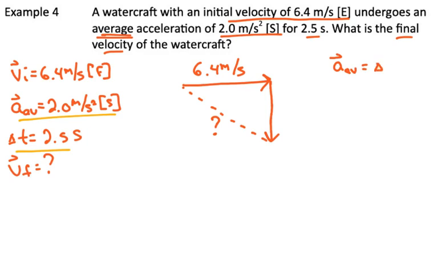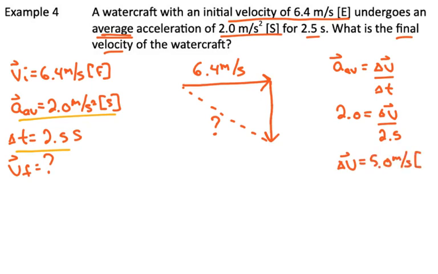Average acceleration equals delta V over delta T. Average acceleration is 2.0 meters per second squared, change in velocity to the south we don't know, time was 2.5 seconds. Cross multiplying, we get that delta V would be 5.0 meters per second, and this is to the south.